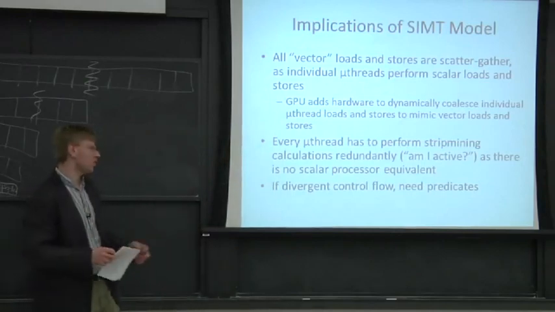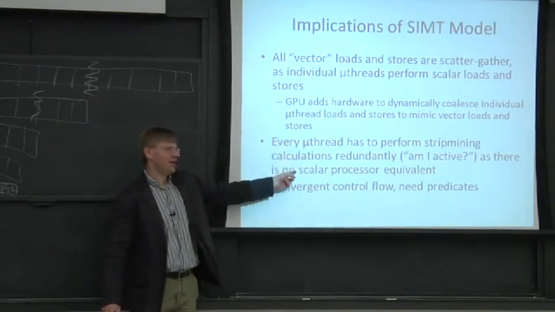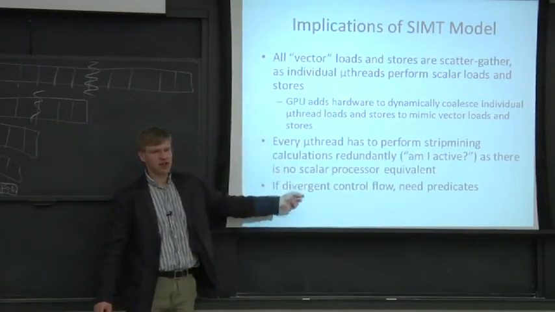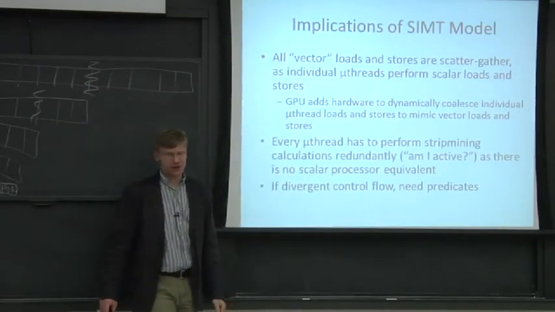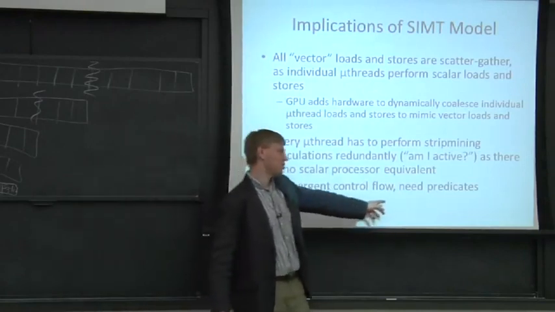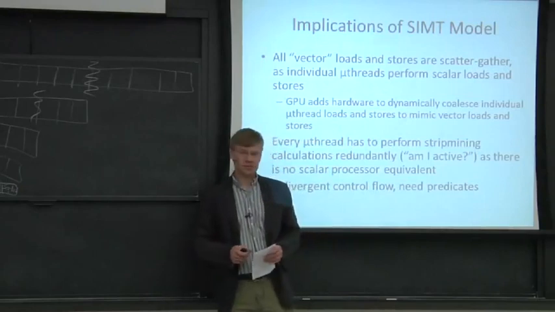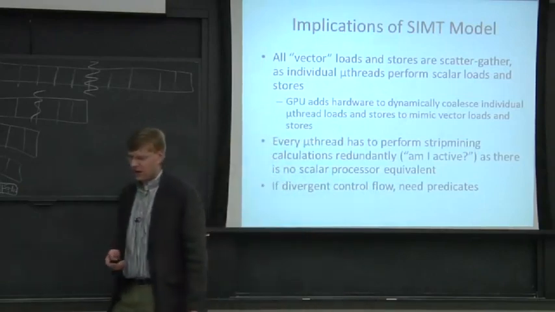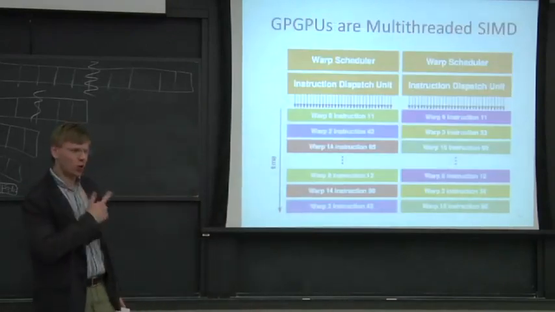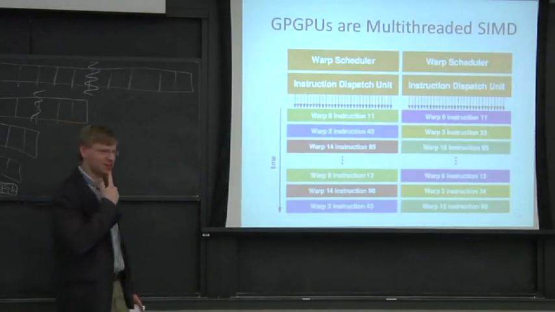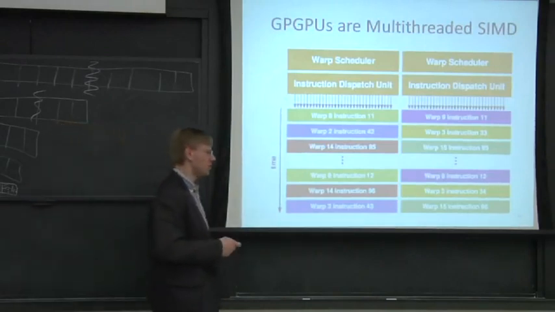And as I mentioned before, you have to use predication here if you have different control flow. So you need strong use of predication to allow threads to go different directions. Things get even more complicated in these general purpose GPU architectures.